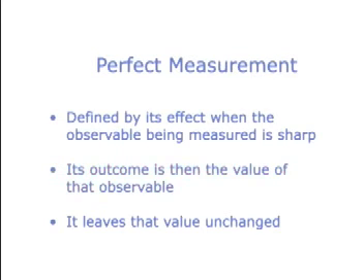And second, at the end of the measurement, the observable being measured is still sharp with the same value it had before. So, a perfect measurement records sharp values accurately and leaves them unchanged.